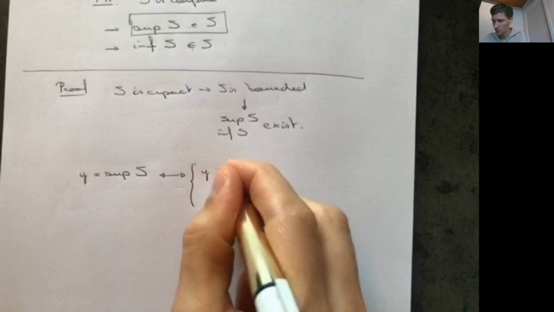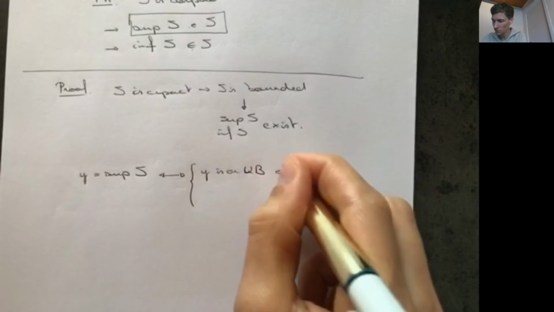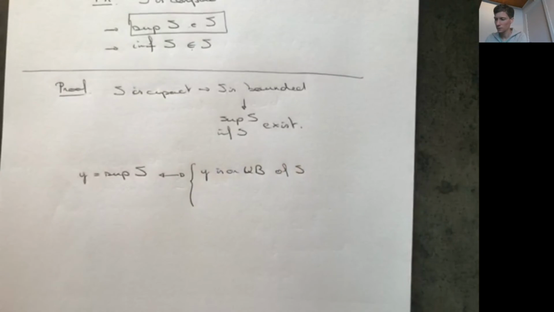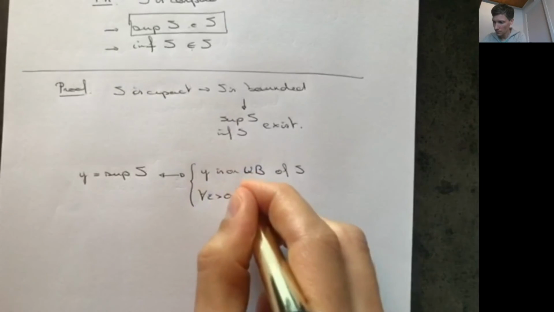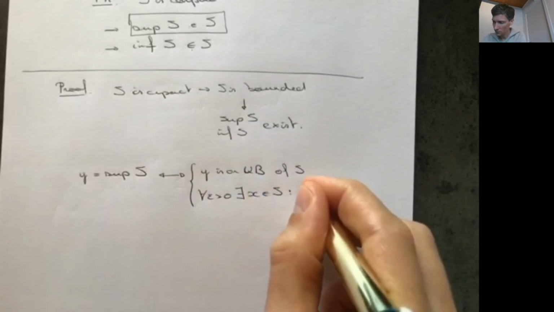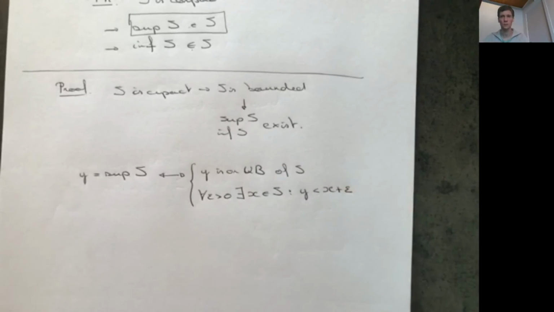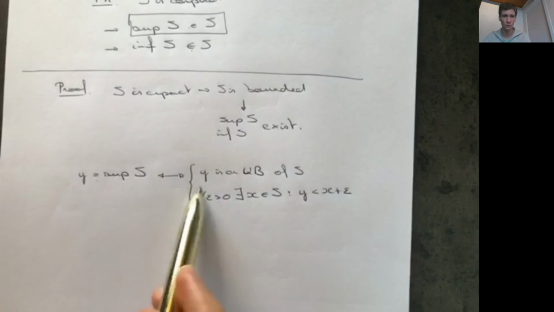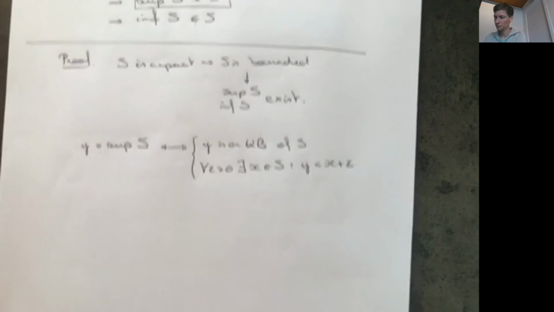Well, y is an upper bound, and we call this UB, upper bound of S. And then the second definition says that for all epsilon bigger than 0, I can find an element x in S such that y is smaller than x plus epsilon. Okay, so we proved this equivalence between these two a few lectures ago. So watch back on the video on supremum and infimum if you do not recall this result.